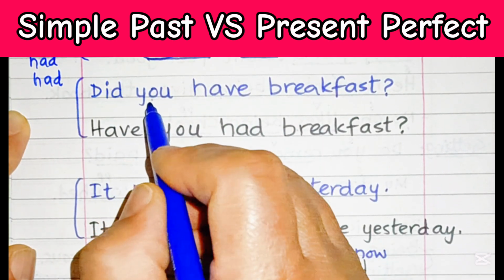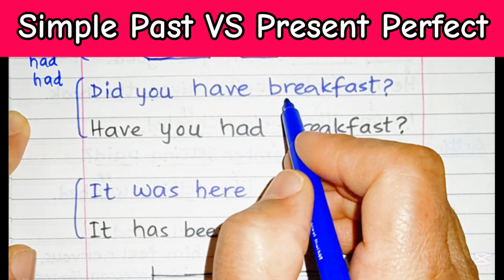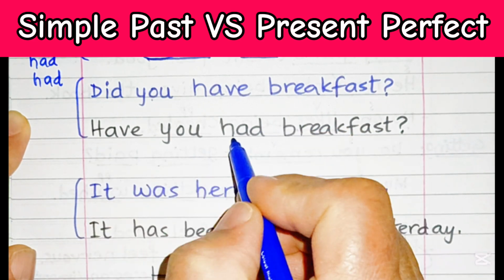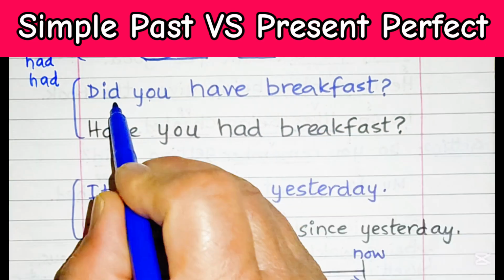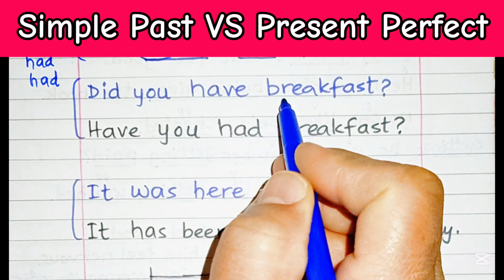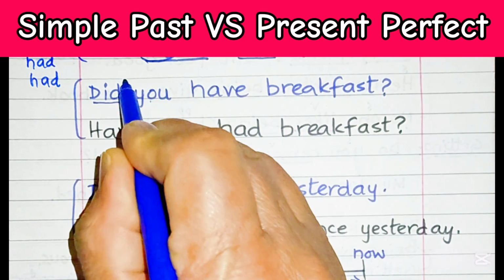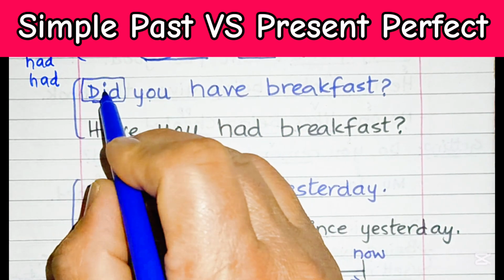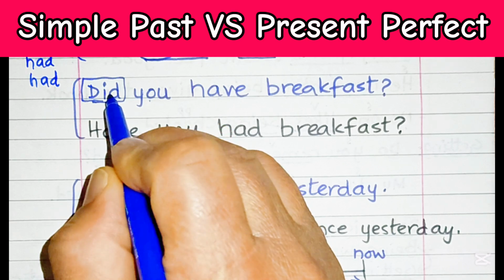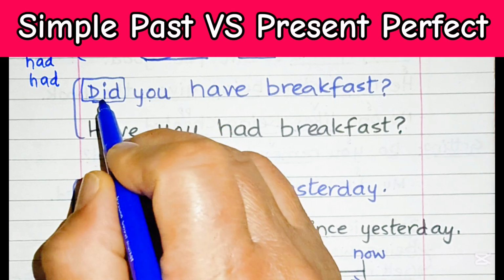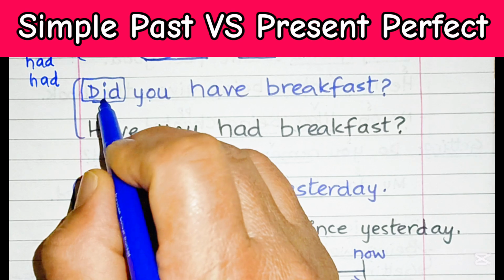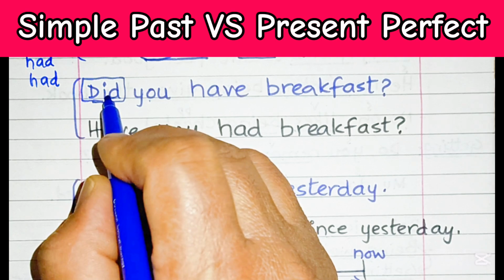Did you have breakfast? Or have you had breakfast? Did you have breakfast? This did over here is the past tense. The helping verb did, this is past one.